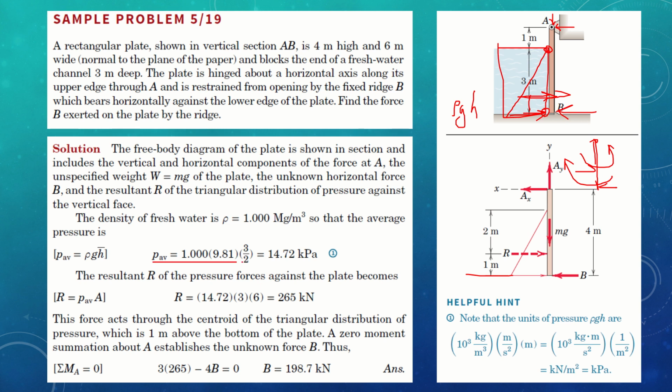Here we found the value of P average, from the resultant R. The moment generated about A is equal to 0, so 3 times R, 4 times B, will give you the value of B. A very, very simple approach.